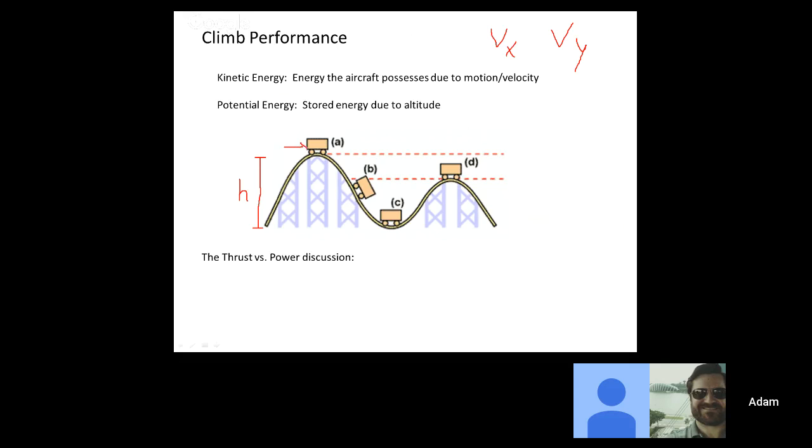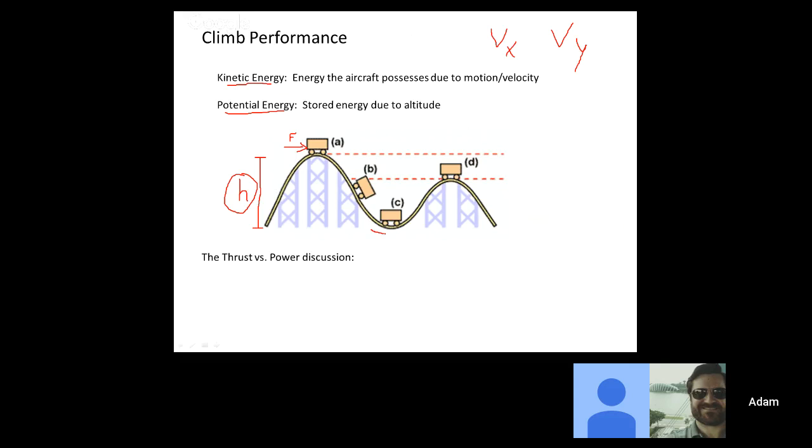As soon as somebody applies a force to the roller coaster and it starts to move, it's going to convert some of that potential energy into kinetic energy because the roller coaster is going to start having a velocity. It's going to start to move.